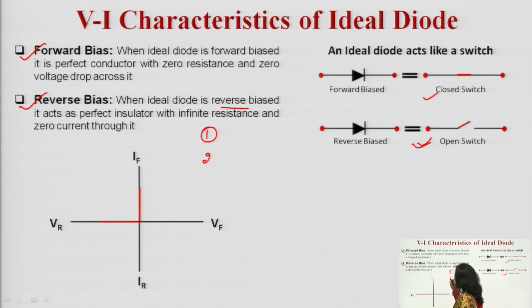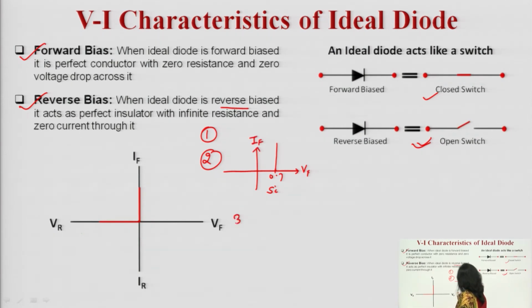If you have to draw the V-I characteristic curve for the second approximation, what happens over there? In that particular case, it is a diode along with a battery, just try to recall it. If we say the diode is made from silicon, then this particular curve will be formed, V forward, I forward.